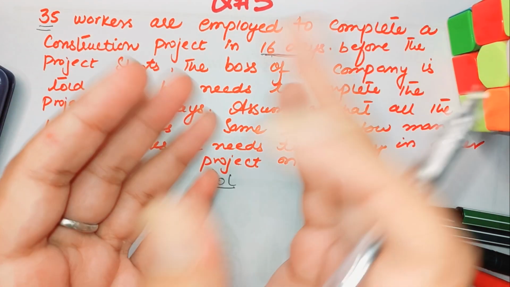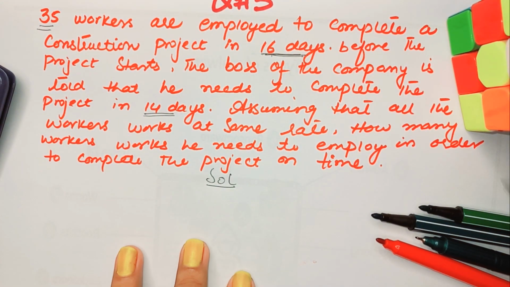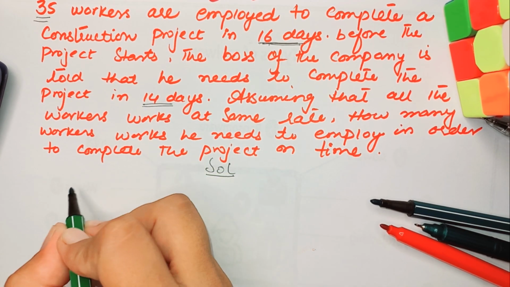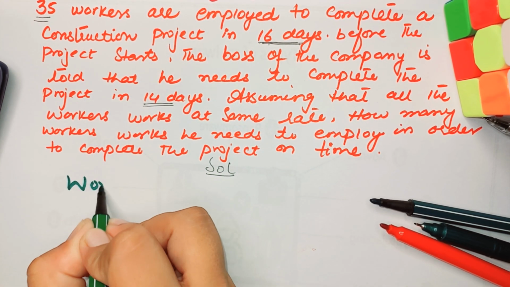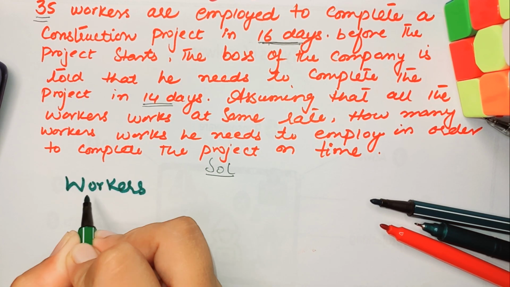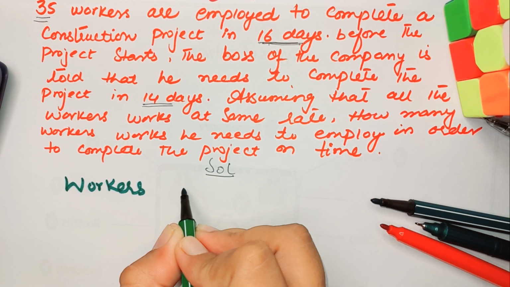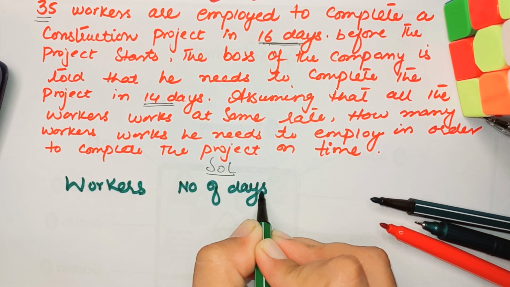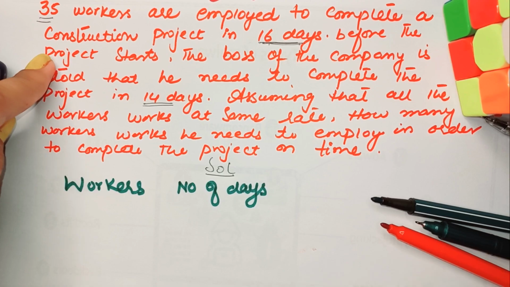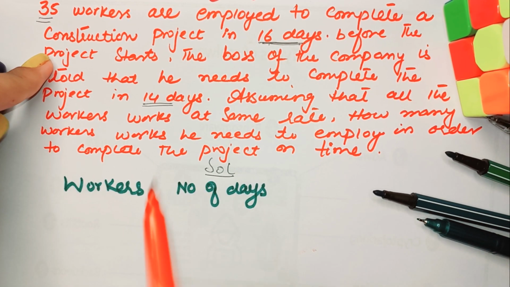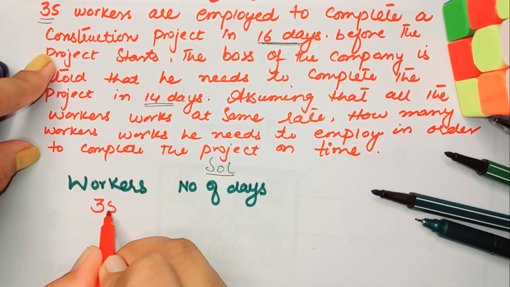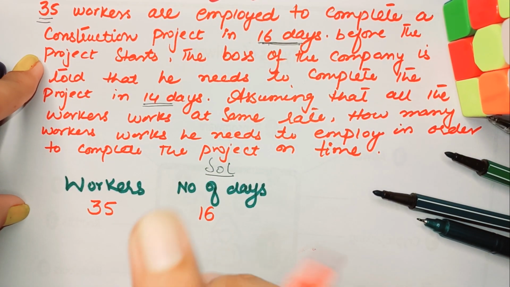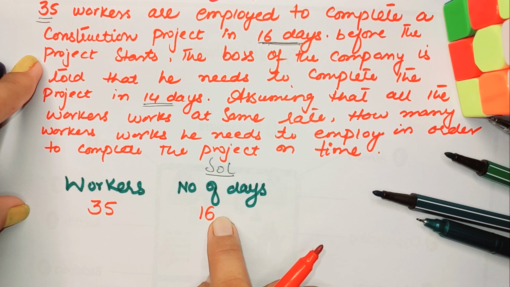So let's check the relation first. Dear students, we have two quantities, workers and number of days. We have 35 workers and the number of days to complete the task is 16 days.